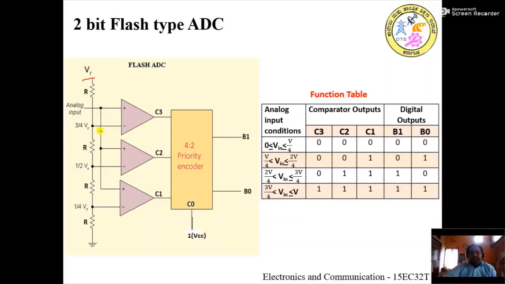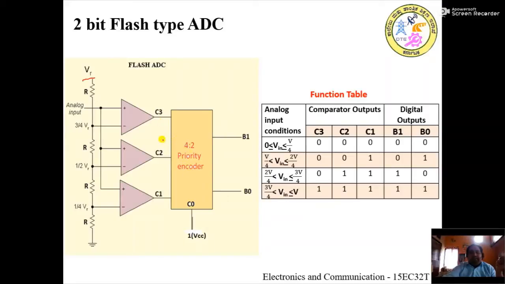You can see that these three reference voltages are given as input to the inverting terminal of the comparators, whereas the analog input is given to the non-inverting input of these three comparators. The outputs of these three comparators, C3, C2 and C1, will be fed as input to the 4:2 priority encoder.